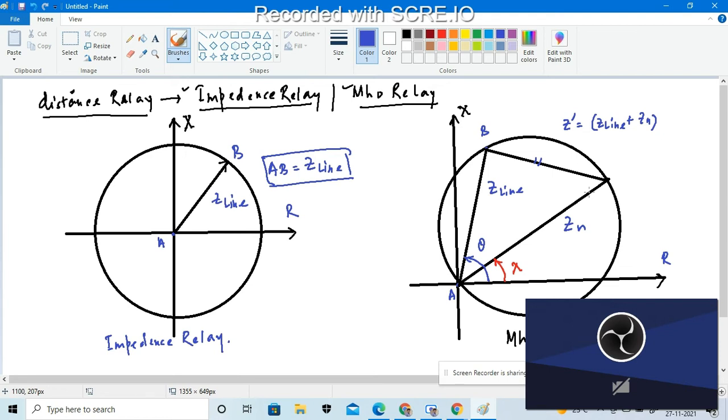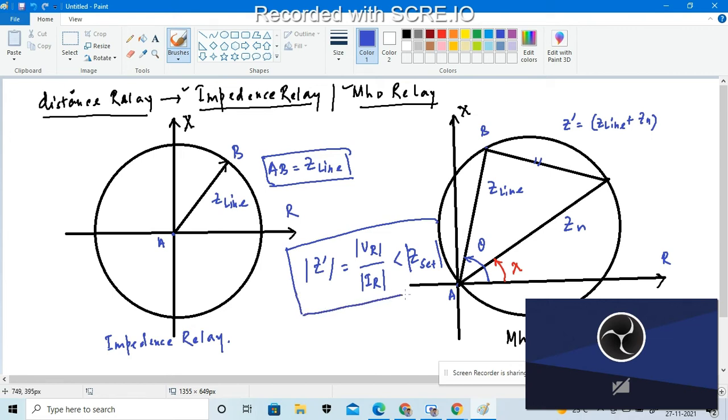If the magnitude of Z dash, which is nothing but Vr by Ir, the voltage across the relay divided by Ir, that is my apparent impedance, is less than the set value of the impedance, Z set, the magnitude, then the tripping signal goes to the circuit breaker, else it should be restrained.